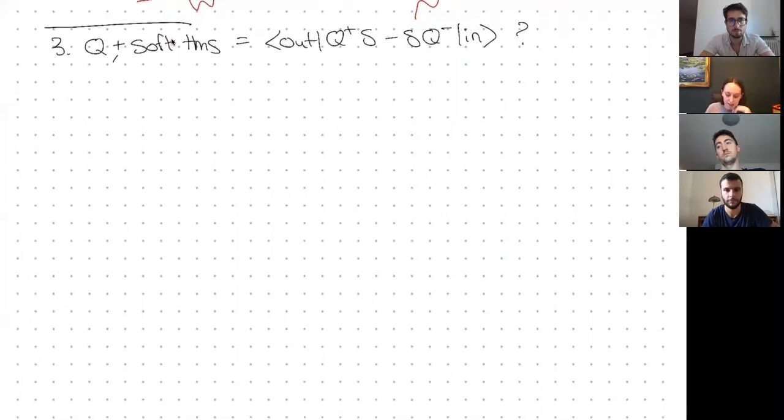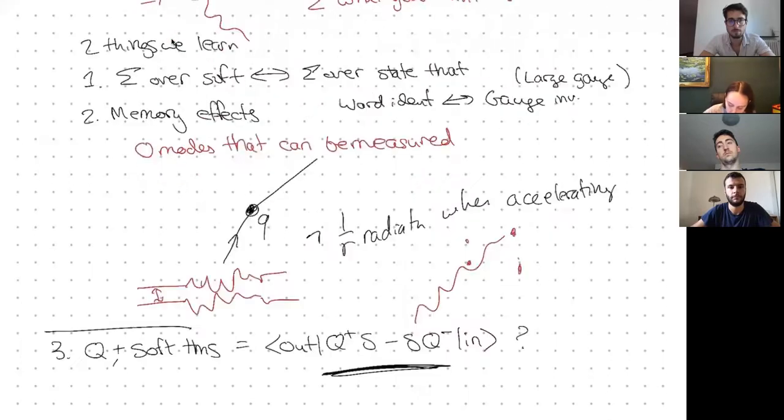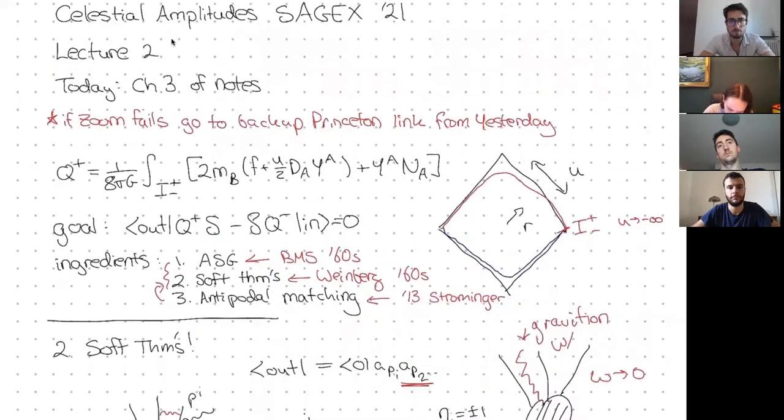So the first thing that we're going to need is maybe why we would expect the Ward identity to be written in this form. So what I want to point out now is, going back to our diagram here, when I have this Q plus and this Q minus, I'm saying that I'm evaluating the canonical charge on either this future Cauchy surface or this past Cauchy surface.